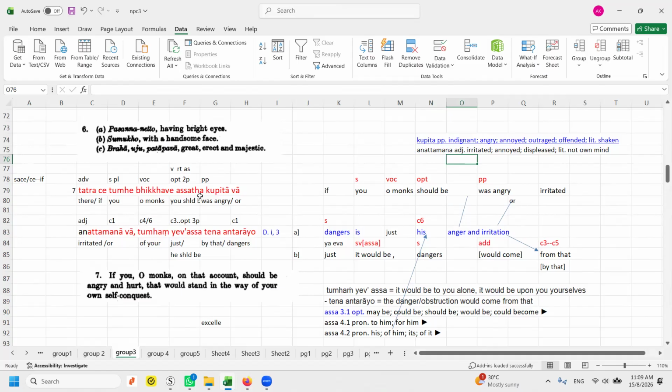This is plural. So technically it's talking about, by right, here you are irritated. You can say annoyed or displeased, outraged, offended, whatever. This is the one you need to decide.